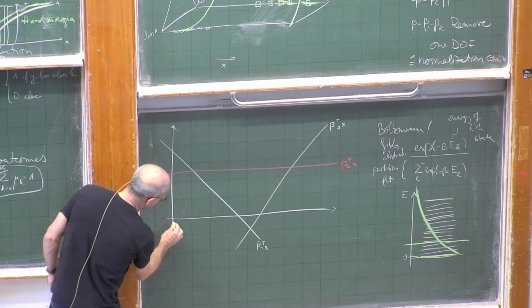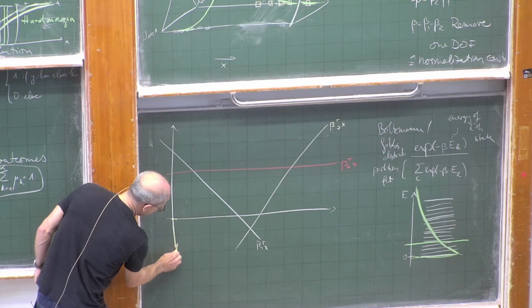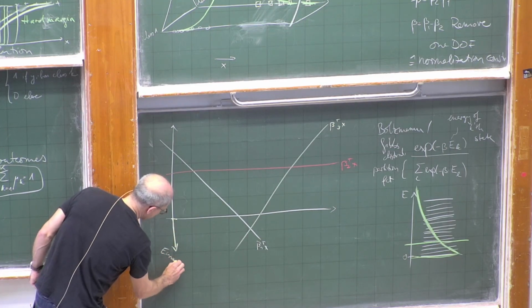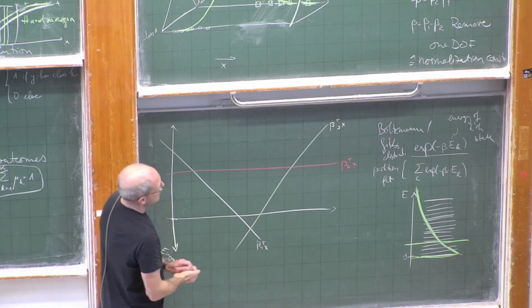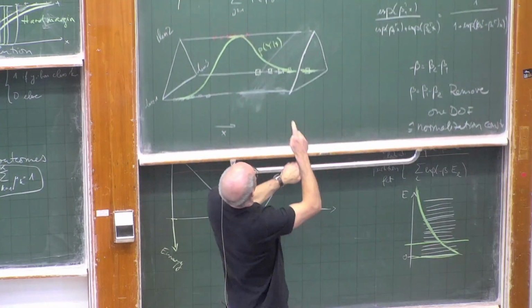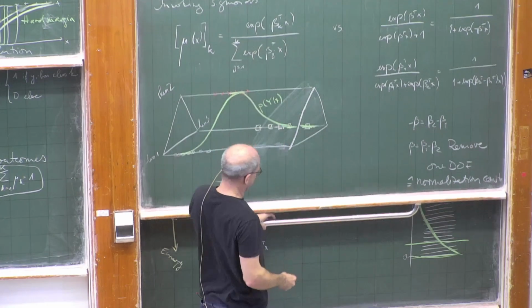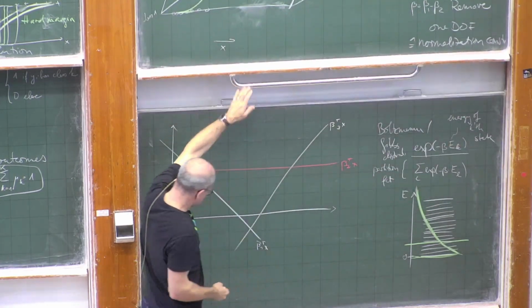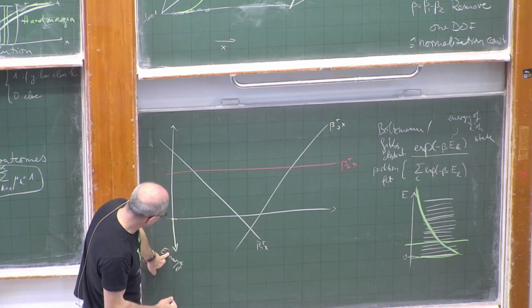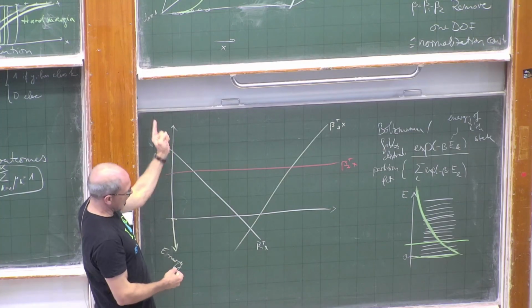I could say here energy goes downwards, because here I have a minus, and in my formula up there, I have a plus. So low energy is good. Low energy now is up here.